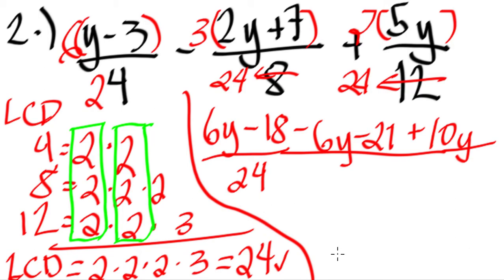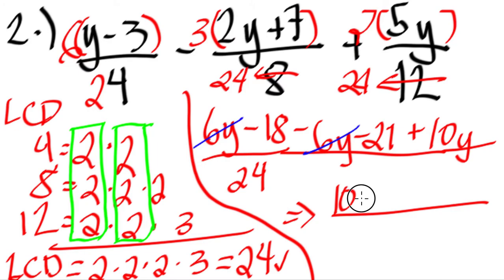Okay, so let's combine the things that we are going to have here. So we have 6y and 6y. Since we have 6y minus 6y, this is going to be canceled since it's going to become 0. And we have 10y which is left. So therefore, for the term which has a y on it, we have 10y. Then we have negative 18 minus 21.